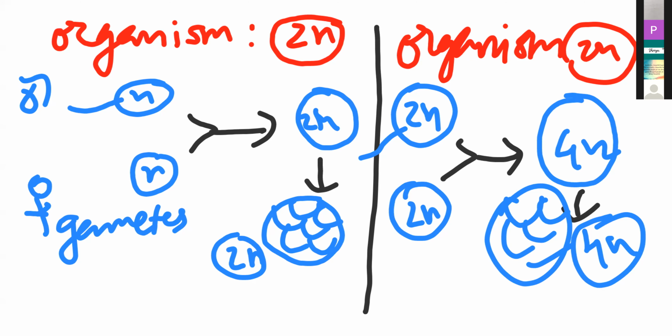The second point: during meiosis, one major important event occurs. One very important event that occurs during meiosis is crossing over.